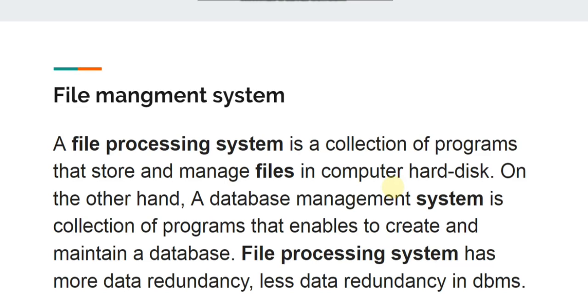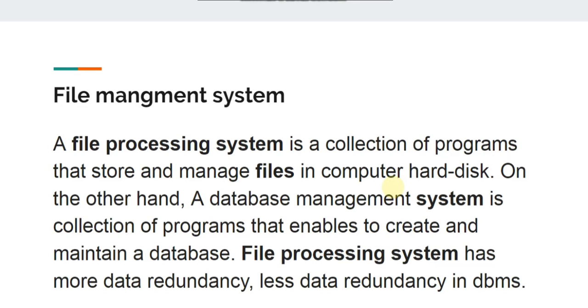On the other hand, a database management system is a collection of programs that enables us to create and maintain a database. In a DBMS we have a collection of programs that manage our database and maintain the data present in it, and the whole collection of programs is called DBMS, as we explained earlier.